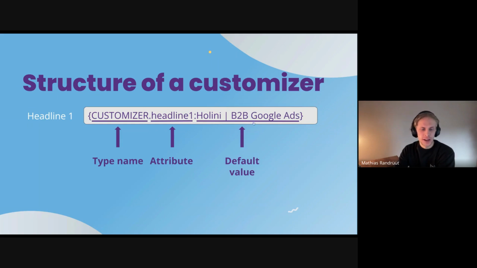This will ensure that your ads will always keep running smoothly. And in this case, you can see we have added here Holini, B2B, Google Ads. So I can already go and implement it without ever uploading anything. And this will show as Holini, B2B, Google Ads always.